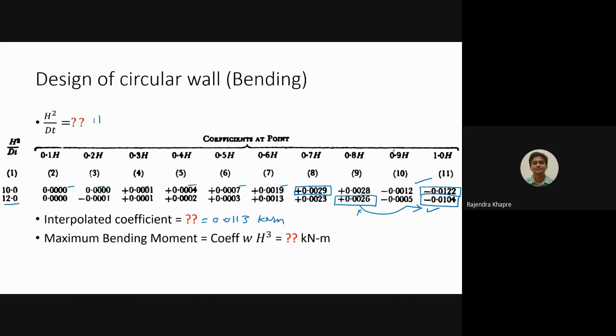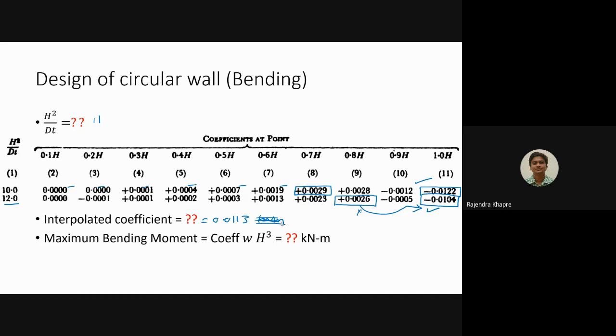This is a coefficient, right? So it doesn't have any unit. So the coefficient is 0.0113. Now as per the equation given in the IS code, you can calculate the values of the bending moment.